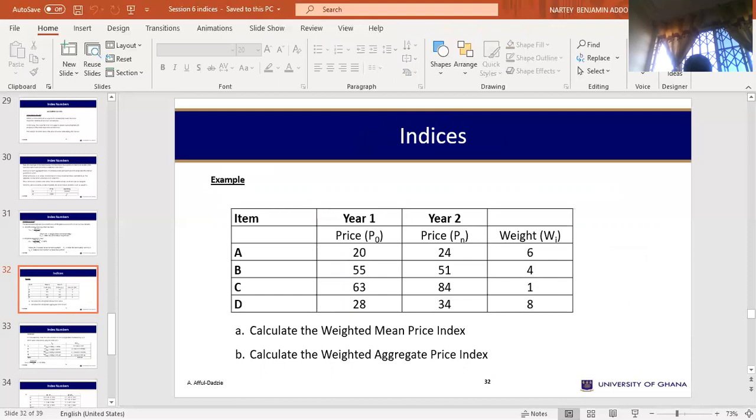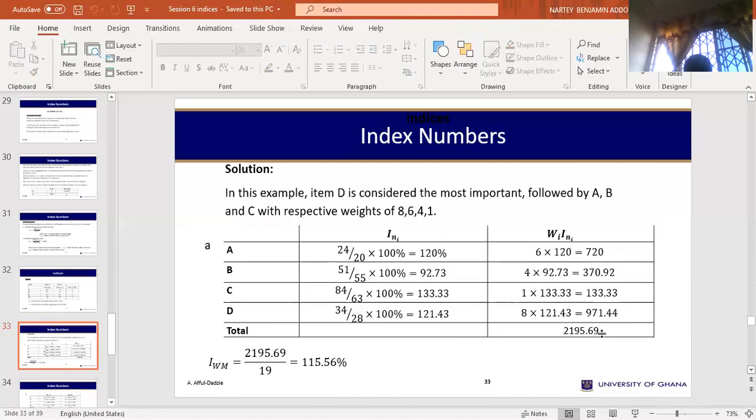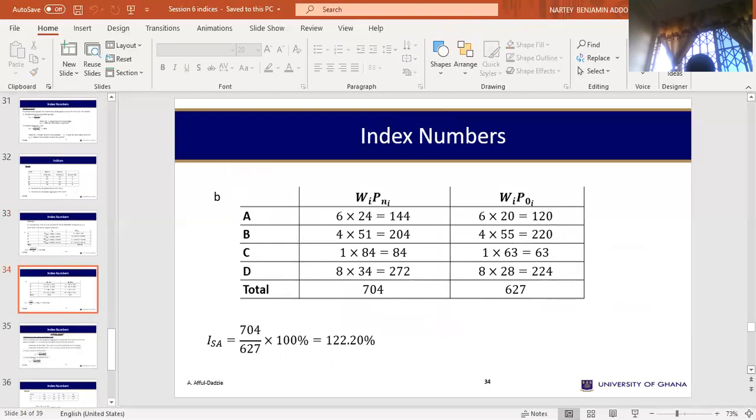So we divide our total figure by the 19. And then if you want to calculate the price, we have 704 and then 627. So 704 over 627 times 100 for the weight.